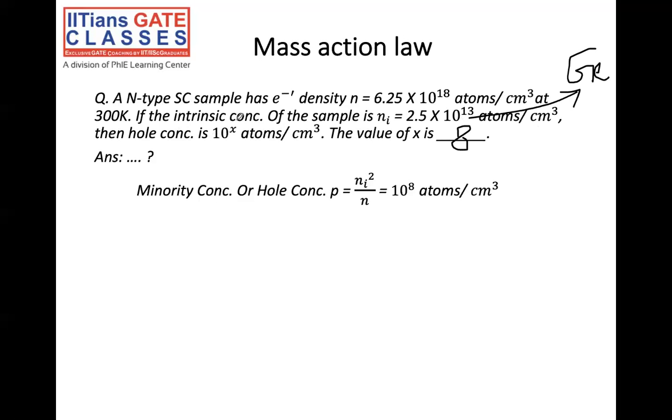They can also ask what type of doping material is used here. It can be any pentavalent: phosphorus, arsenic, antimony, bismuth, anyone they can use here. So these things also they can ask. Like this, we have some questions, we have some theory.